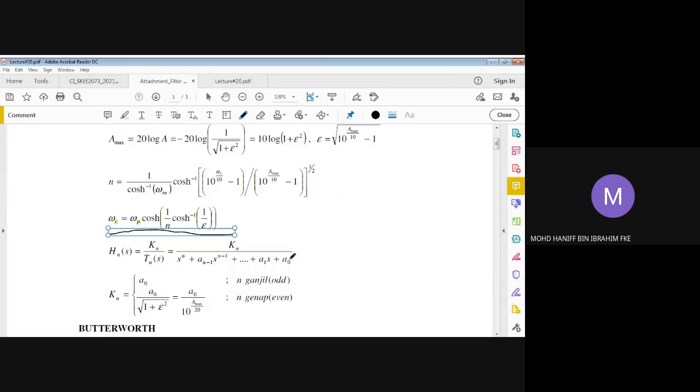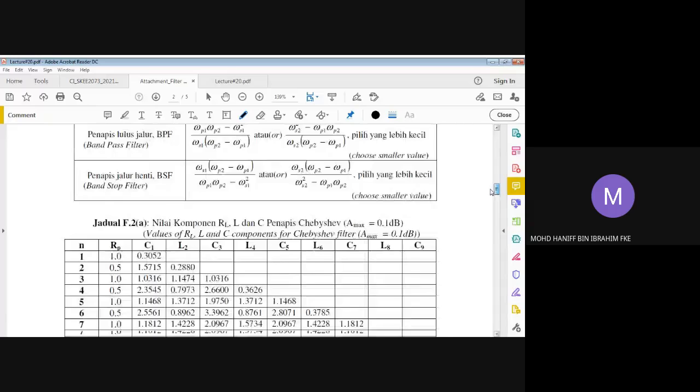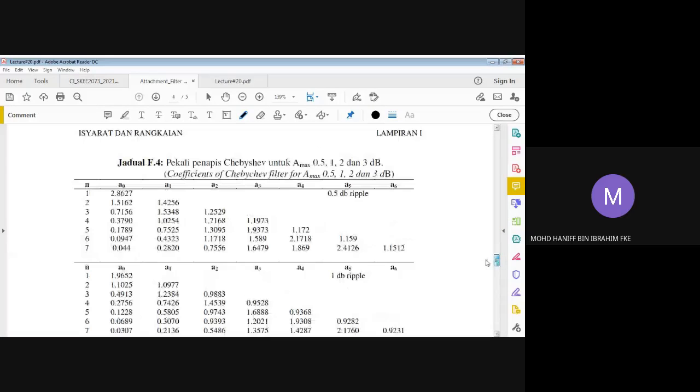So this is the equation for the normalized transfer function for the Chebyshev filters, H_n(s), and we have the K_n here. Let's have a look at table F4. Table F4 is here, which gives the coefficients of Chebyshev filters. What we have here are the coefficients for the Chebyshev filters for 4 cases of A max, which are 0.5, 1, 2, and 3 dB respectively.